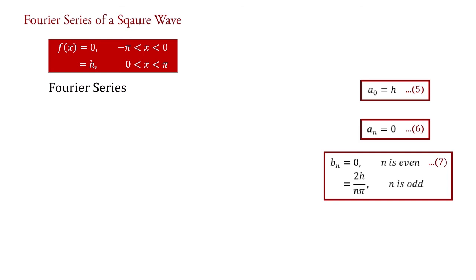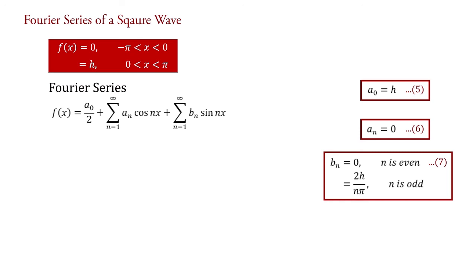Now, the formula of Fourier series is f of x equal to a0 by 2 plus summation n equal to 1 to infinity an cos nx plus summation n equal to 1 to infinity bn sin nx.